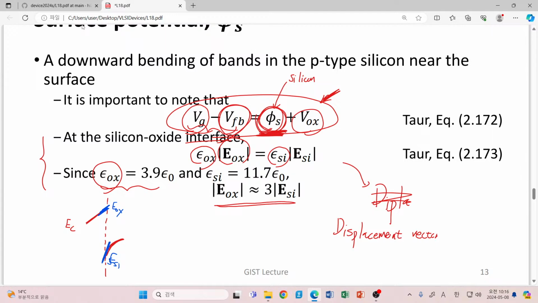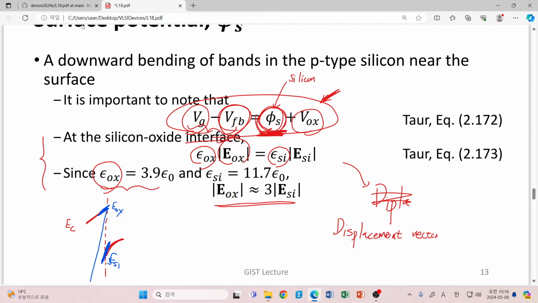This is wrong. If you have such an electric field in the silicon, then your oxide field should be 3 times steeper, even for this already steep silicon field. So you must draw it in this way, 3 times steeper.